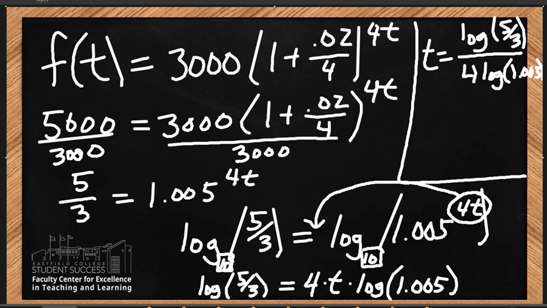And you can grab your calculator and plug these in. Now you want to make sure that you're careful about your parentheses. Please make sure that you put parentheses around the whole denominator when you plug that in, because if you don't, your calculator is not going to give you the right answer, because your calculator follows order of operations. So you need to make sure that the 4 and the log of 1.005 are together in the denominator.